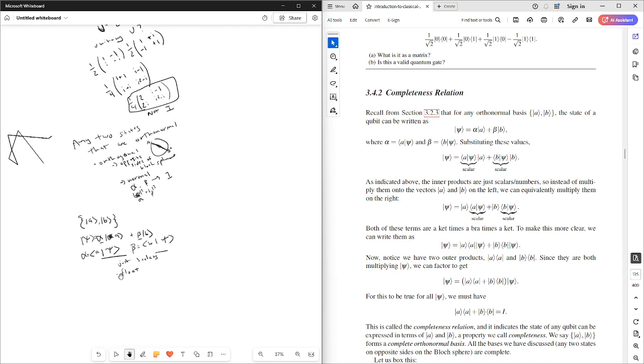Right, let's just zoom out here. So instead of just multiplying them onto the vectors A and B, we can equivalently multiply them on the right.